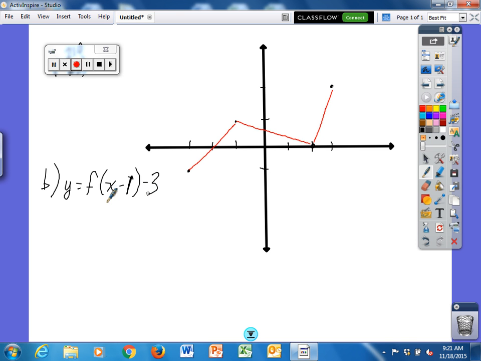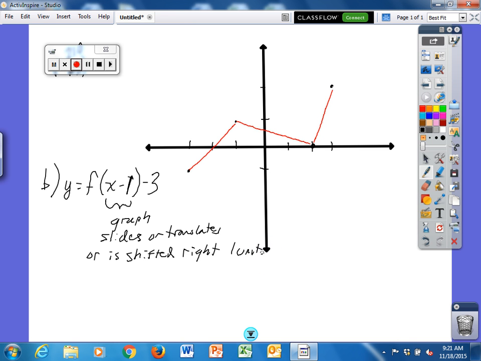So what this means is the graph slides or translates or is shifted, all of those mean the same thing, to the right 1 unit.